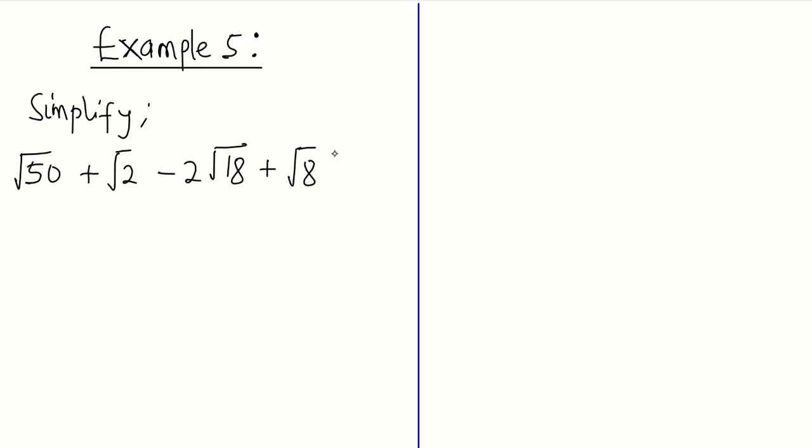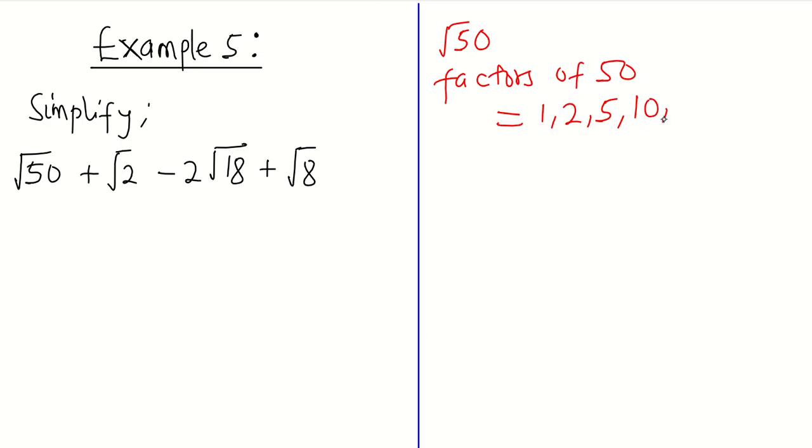Now it means that we are going to consider square root of 50, and to get it in its reduced form, we have to consider the factors of 50. And the factors of 50 are 1, 2, 5, 10, 25, and 50. Now among the factors of 50, we are going to consider the one that is a perfect square, and that is 25.